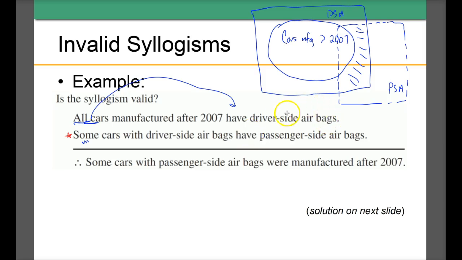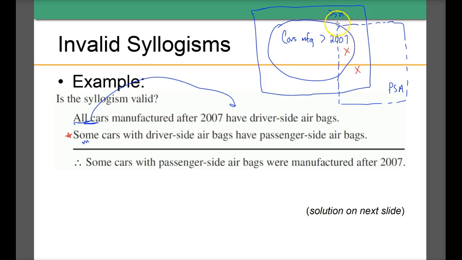Okay, so if we look here, cars that have driver side airbags, well, they could be inside of here. Let me erase that. So they can be in here, but they can also be in here.